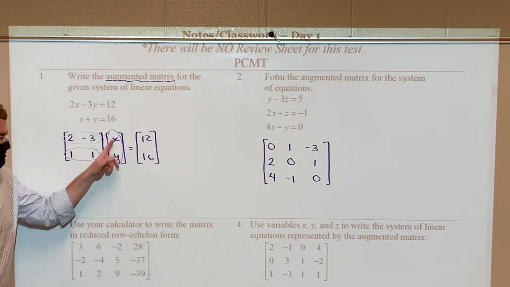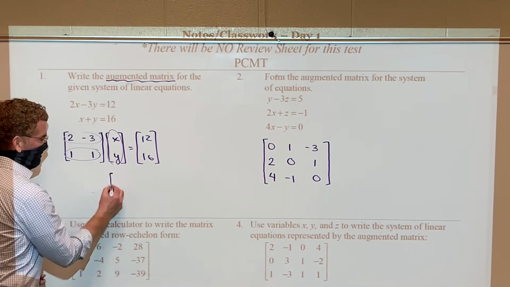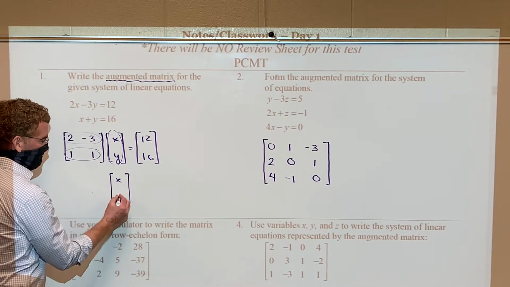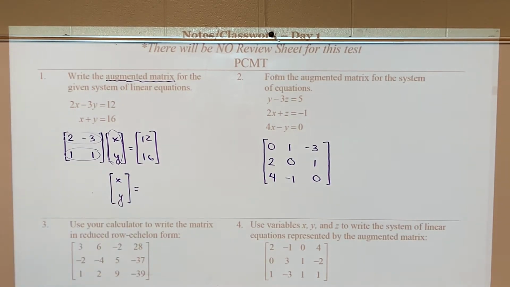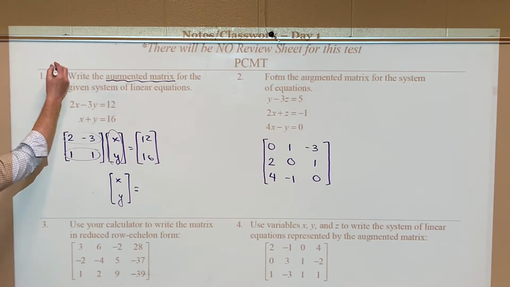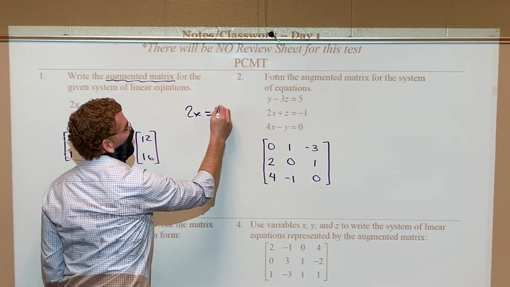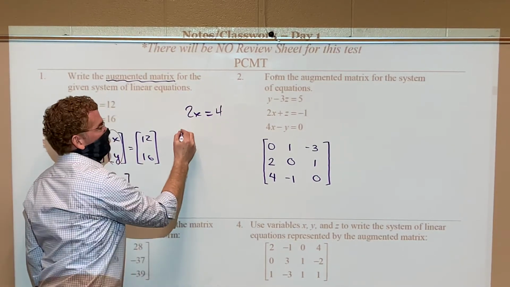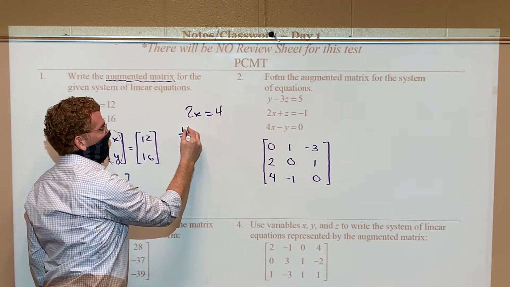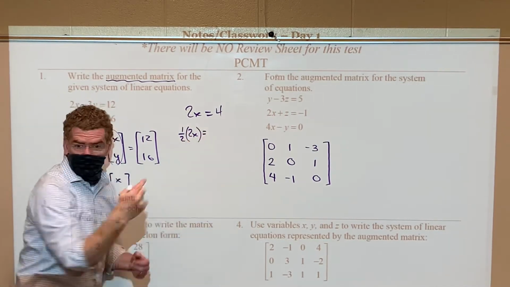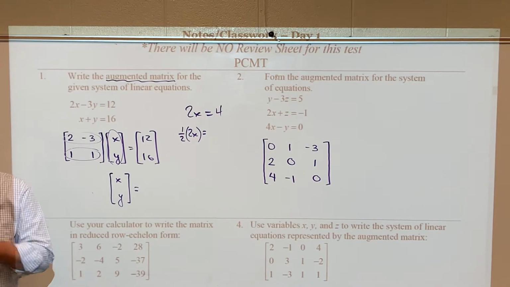But do you remember how to solve something like this? If I wanted to solve for x and y, do you remember what I could do? How do I get rid of that? I would love to be able to divide it, but there's no division of matrices. You know how, if I had something like this, you would want to divide by 2. But another option is to multiply by inverse, a multiplicative inverse, which is like a reciprocal.